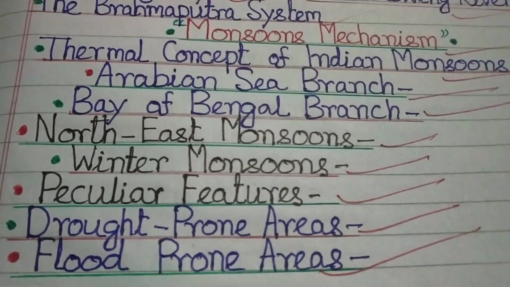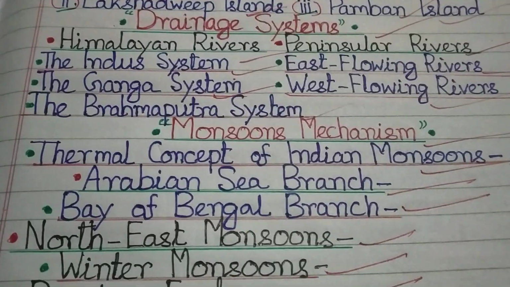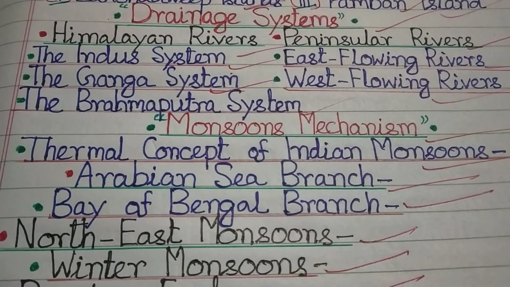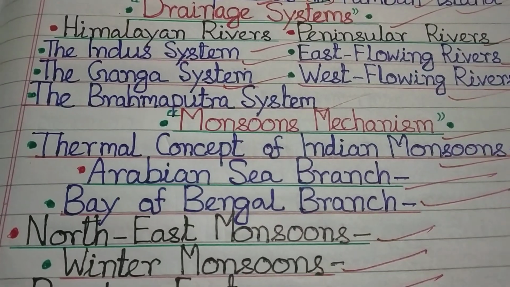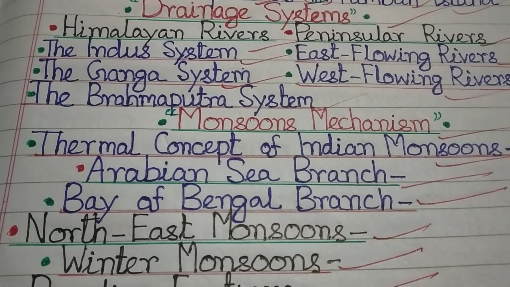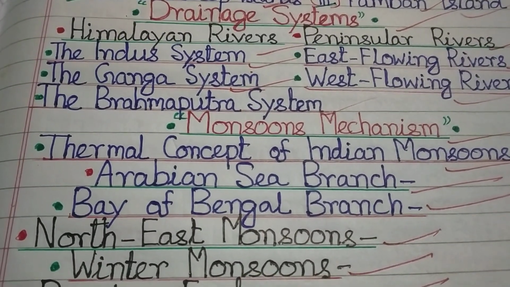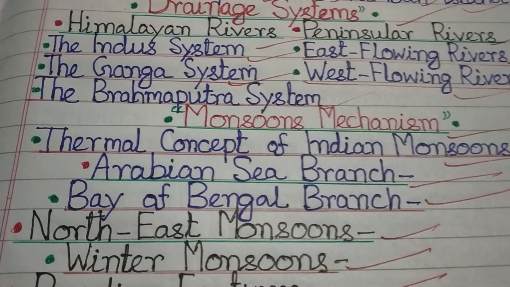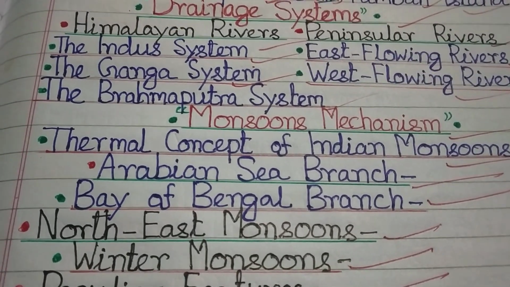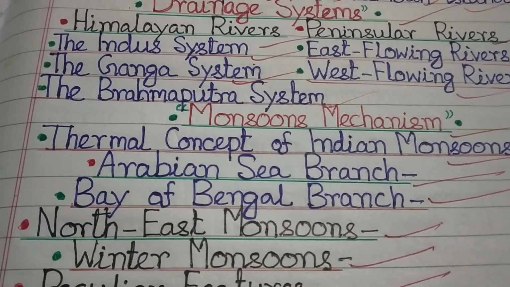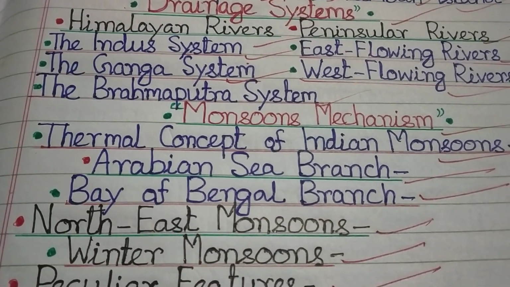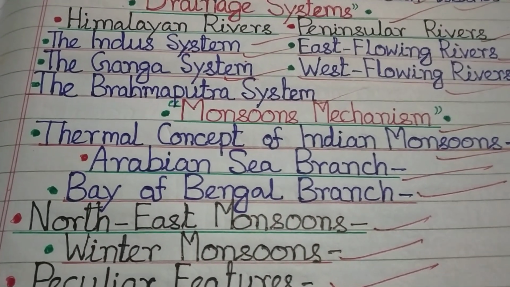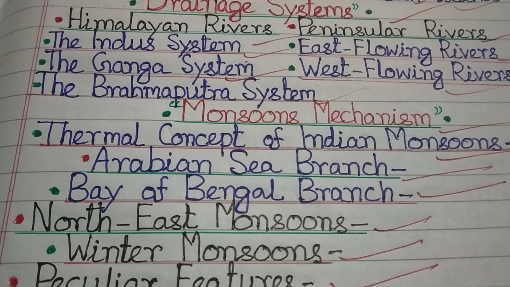So we would like to make a comparative study between the Himalayan rivers drainage system and the peninsular rivers drainage system. The Himalayan rivers drain high mountain regions and descend steep slopes. The peninsular rivers, on the other hand, drain a senile topography.